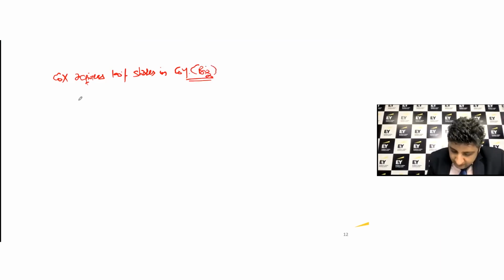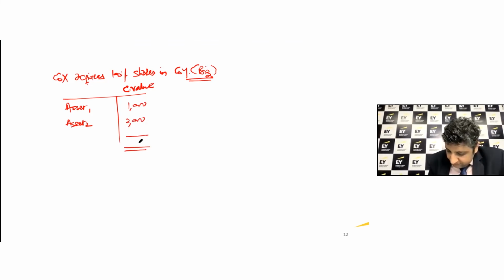In the books of company Y, there is an asset 1 and let's say asset 2 with a carrying value of 1,000 and let's say 2,000 respectively. So let's say, for the sake of a number, the total assets in terms of the book value, company Y is worth 3,000.